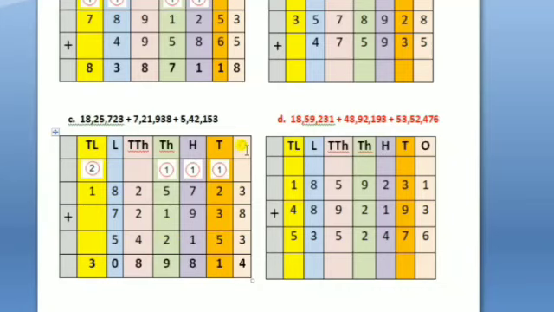Again, we'll be coming to the ones column. Try to add 3 plus 8 first. So 3 plus 8 is 11. In 11, try to add the next number, that is 3. So it becomes 14. So here we'll be writing the 4 of 14. 1 will be taken as remainder in the next column, that is the tens column. Try to add 2 plus 3, it becomes 5. 5 plus 5 becomes 10.